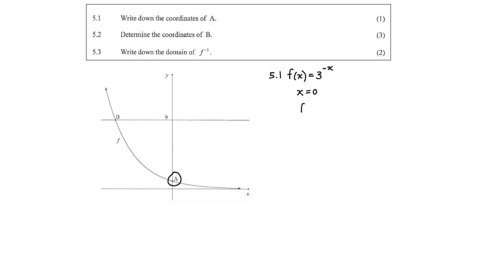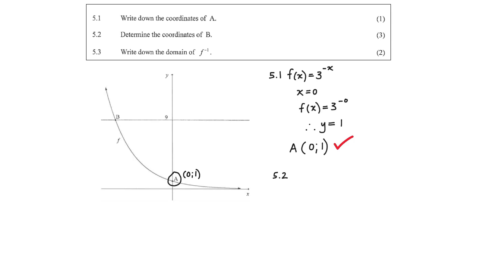So you take the equation of f(x) is 3 to the power of minus x, and you make x equal to 0 in the equation. When you solve the equation, it gives you that y's value is 1. So the coordinates of A is (0; 1). This question counted 1 mark, and you get 1 mark for the final answer, the coordinates of A.